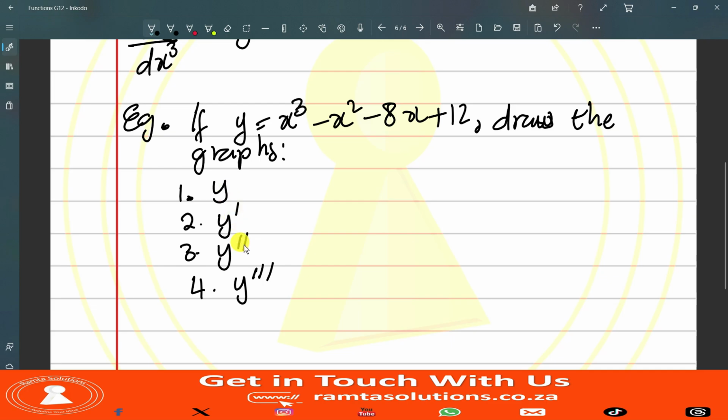Remember, first derivative, second derivative, third derivative. Perfect. Let's go now.